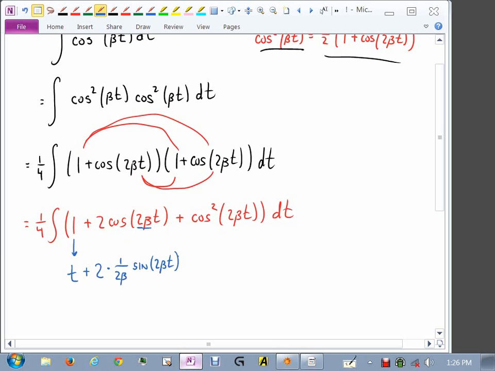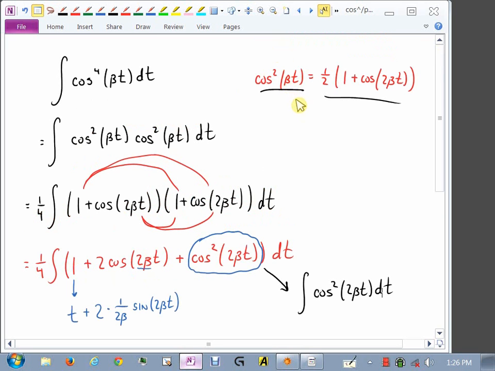So I can do that, and then the question is, how do I handle this? So I'm not ready to find an antiderivative of that yet. I actually have to go work on this one. So the antiderivative of cosine squared of 2 beta t will require another application of this formula up here, but instead of having beta t in there, we have 2 beta t.